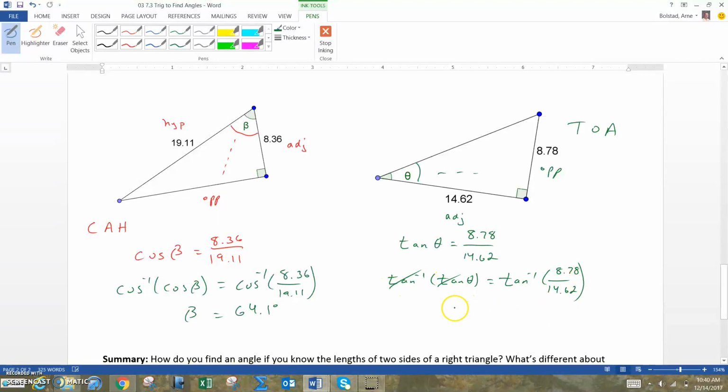Inverse tangent, tangent undo each other, so we have just theta. And we end up with, I believe, something like 30.98 degrees. If you rounded that off to one decimal, that ended up being 31 degrees. Actually, 31.0 if you want to do the significant digits there, I think. Actually, it should be 2 digits, maybe. But that would be that.